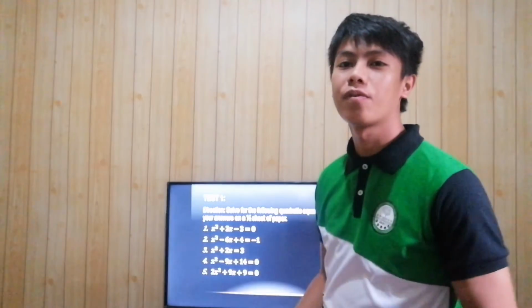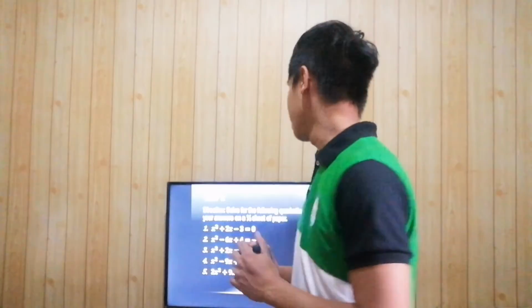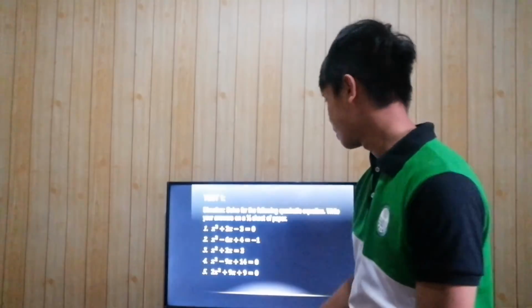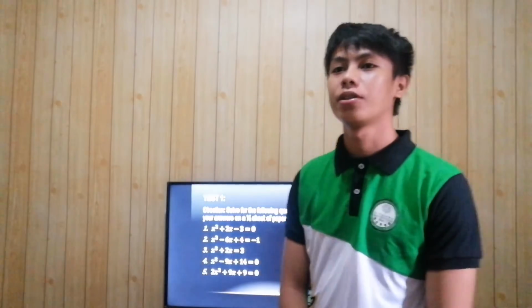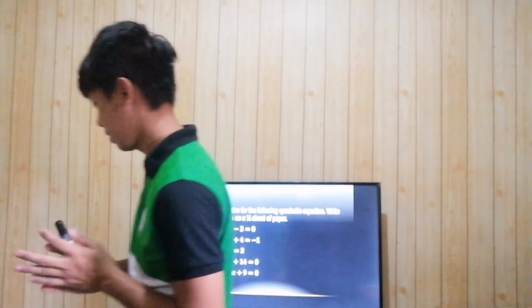Okay, again, solve for the following quadratic equations and write your answer on a 1/2 sheet of paper. So, this will give you 7 minutes for this quiz. So, it's the given. Just make sure to remember the methods. Okay? Okay, start. 1/2 sheet of paper.